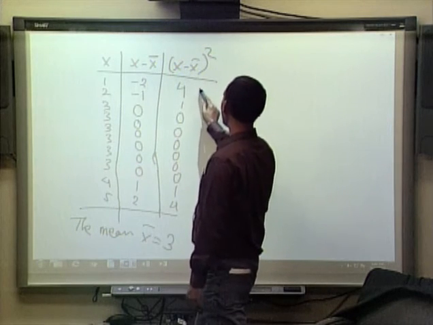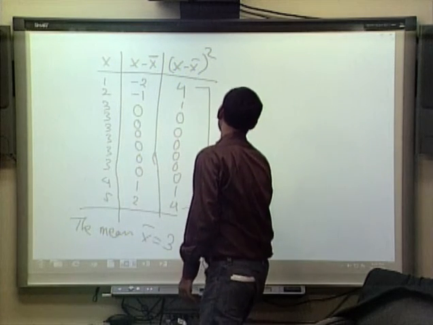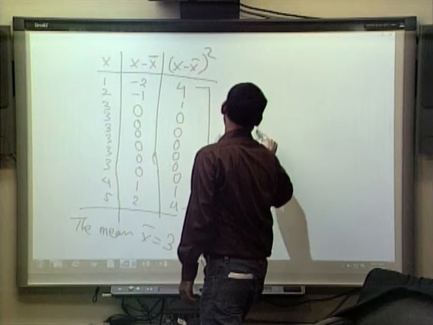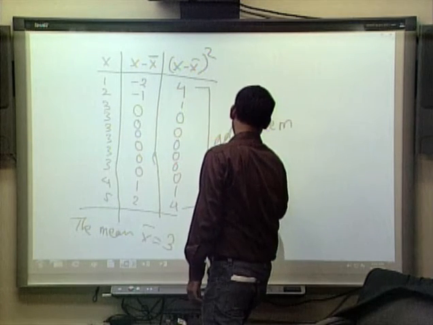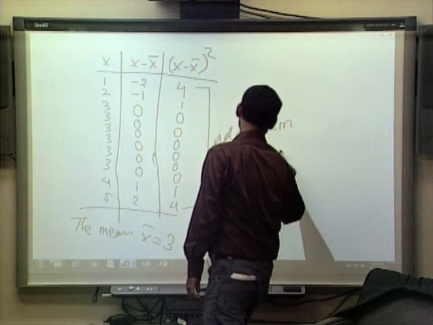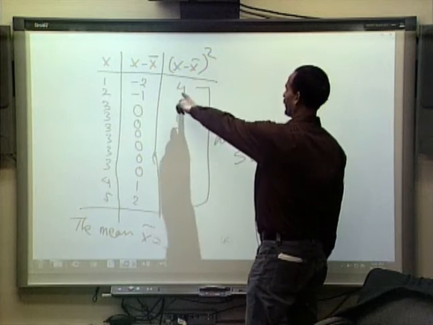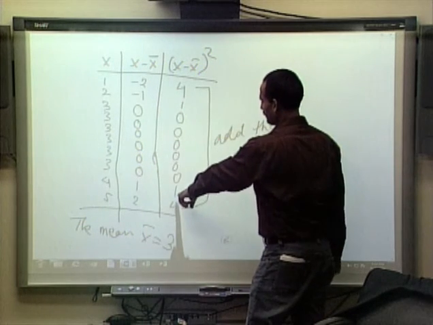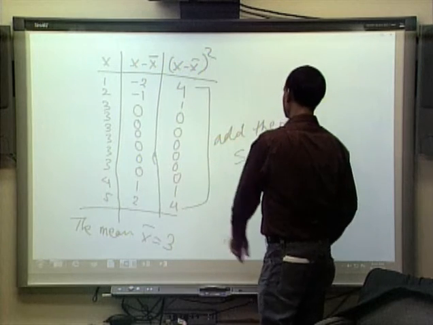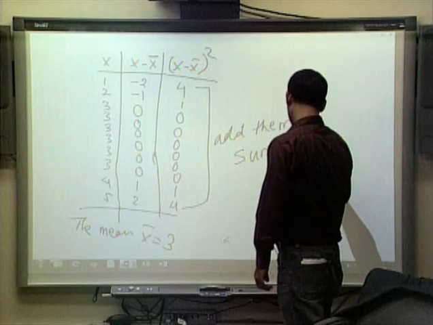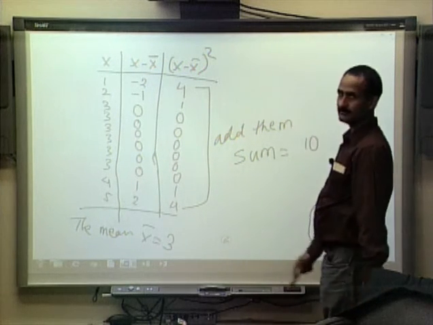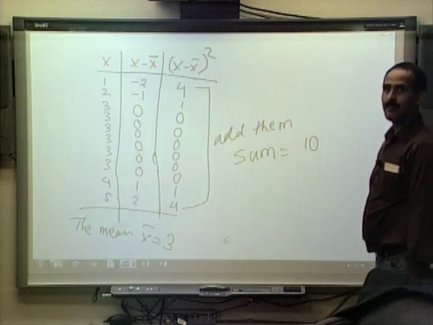Now, we add these up. If we add them, the sum will be equal to 4 plus 1, 5 plus 1, 6 plus 1, which is 10.